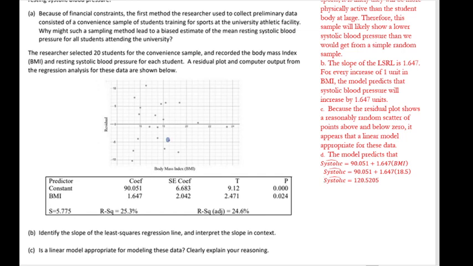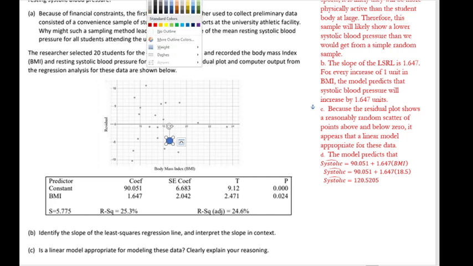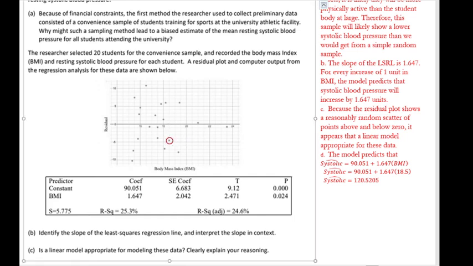So I'm going to highlight that dot. So that right there is the point that we're interested in. So that BMI of 18.5 corresponds to a residual of, looks like it's approximately negative 4.5.